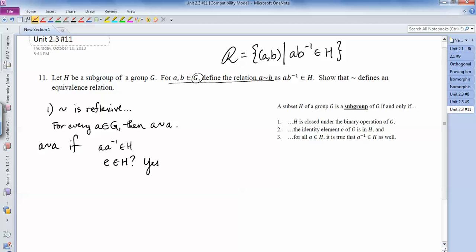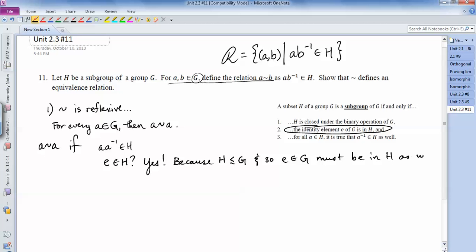Yeah. Why does it have to be in H? Because H is a subgroup of G, and so the identity E of G must be in H as well. Okay, so we've got reflexive.